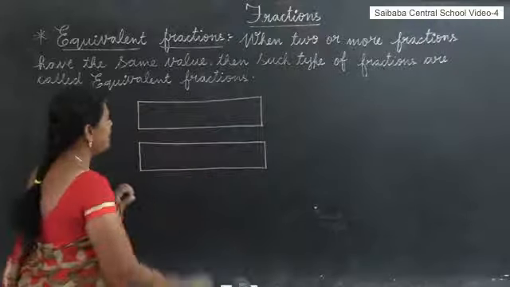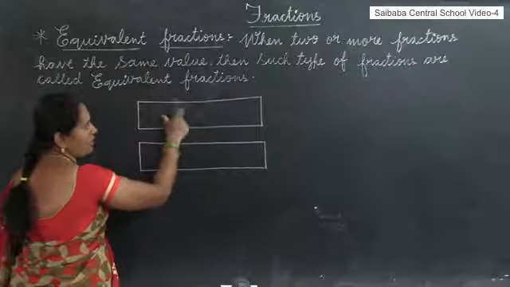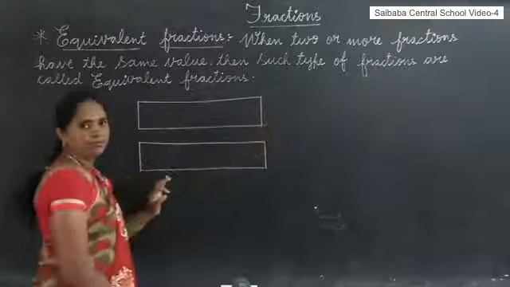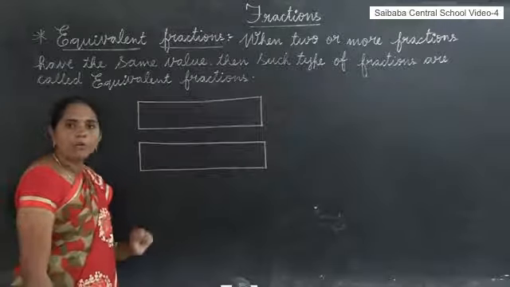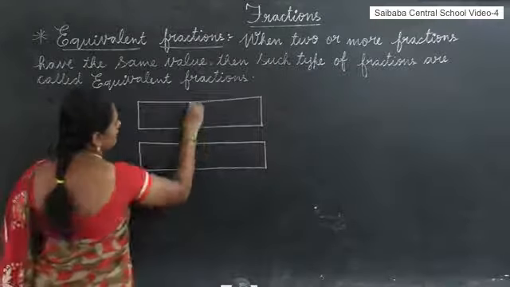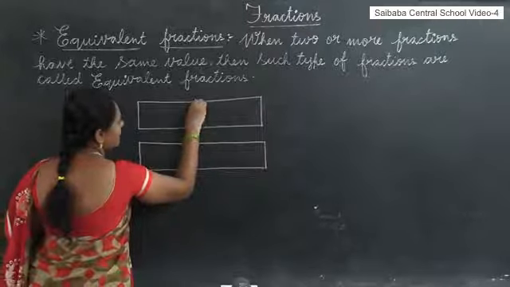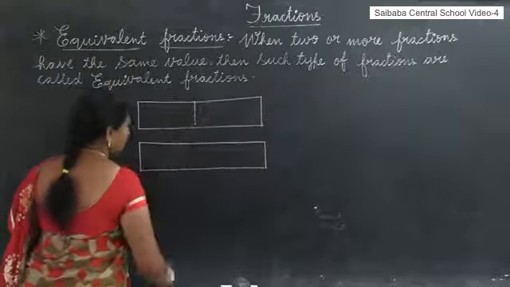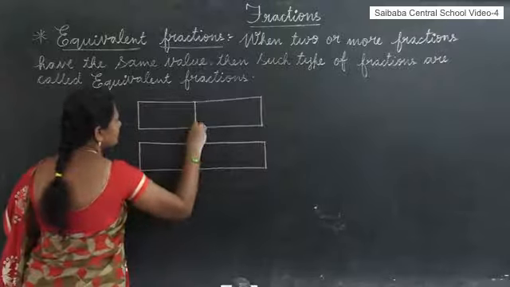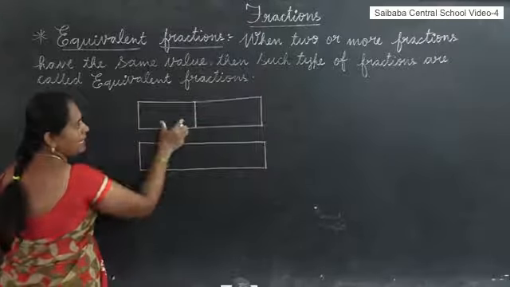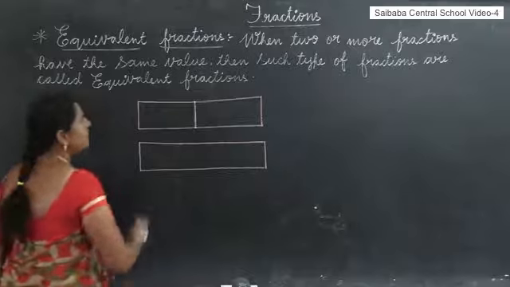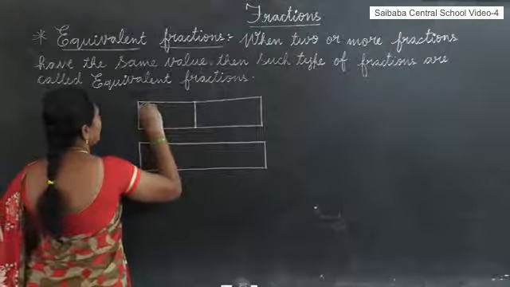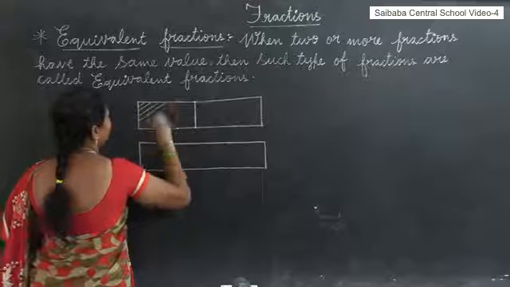For example, children, take a whole. This is a whole. Divide this whole into two parts. Now, shade one part.